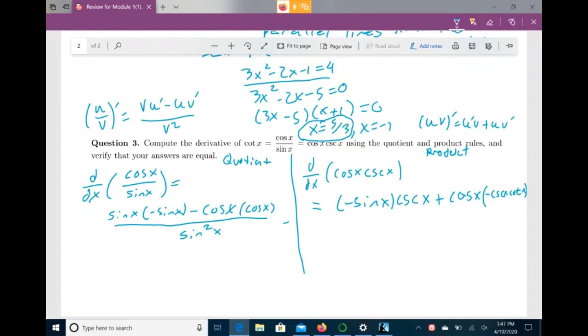Okay, so now I want to show that these two things are equal. So I'm going to simplify basically both of them. All right, so the left-hand side, sine times negative sine is negative sine squared. Cosine times cosine is cosine squared.